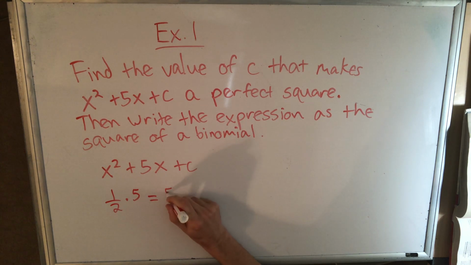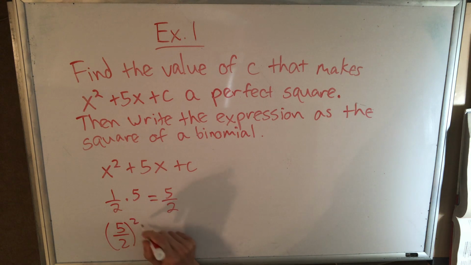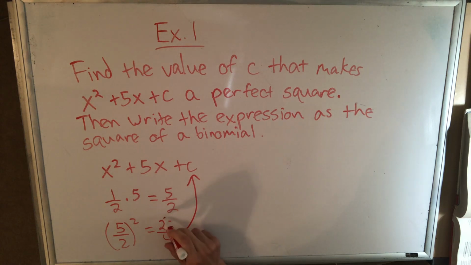And that's going to give us 5 over 2. And then we square that, 5 over 2 squared. That's 5 over 2 times 5 over 2, which is 25 over 4. And then that is our value for c.